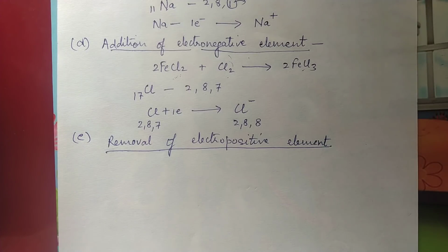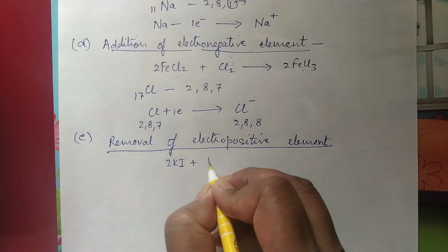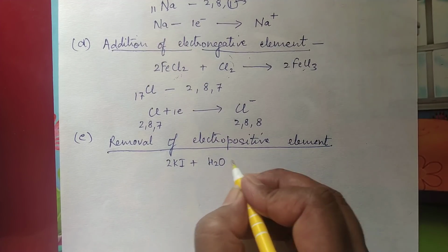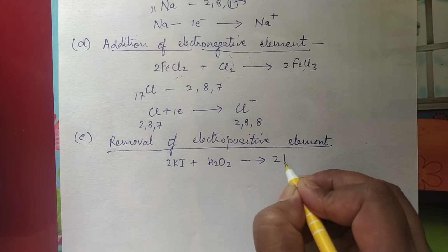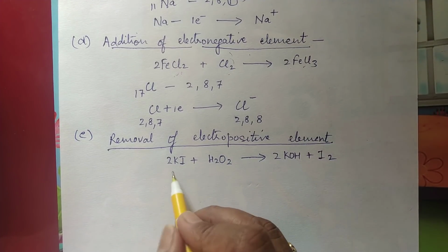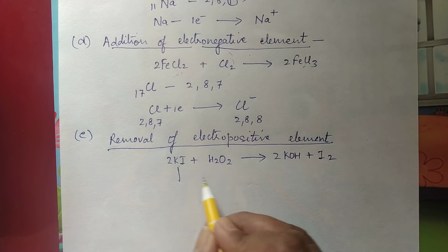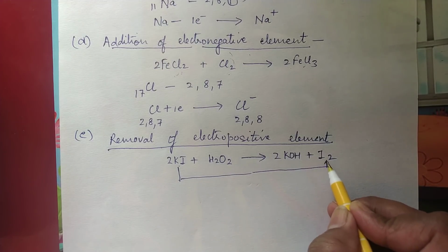Suppose we have potassium iodide, KI, and it reacts with hydrogen peroxide, H2O2, and it results in formation of potassium hydroxide, KOH, and iodine, I2. In this reaction, potassium iodide loses potassium and forms iodine.